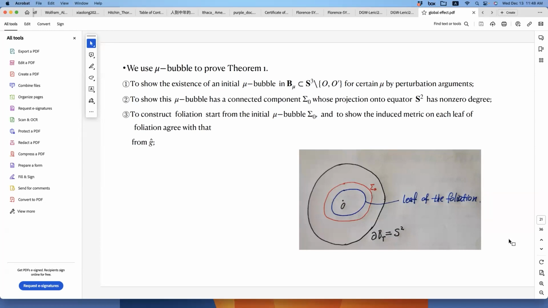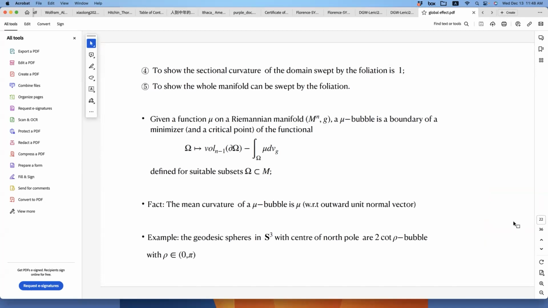Now, the third step is to construct a foliation starting from this mu bubble, sigma naught, and to show the induced metric on each leaf of the foliation agrees with that from G hat. Then the fourth step is to show the sectional curvature of the domain swept by this foliation is one. And the last part is to show the whole manifold can be swept by these foliations.